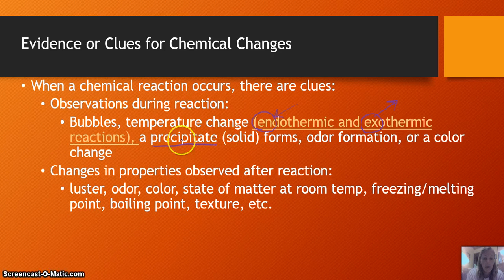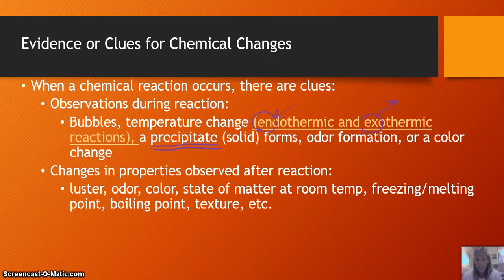Another new vocab word might be the word precipitate. It means that a solid is forming. So if you mix two liquids together and you see solid forming within the liquids, that would be a precipitate. So that means something has changed from liquid form to solid form.